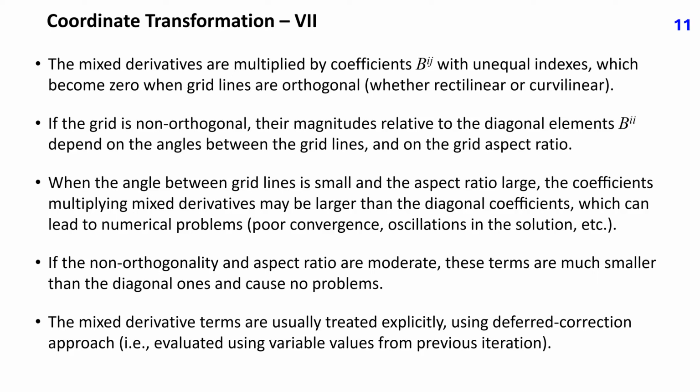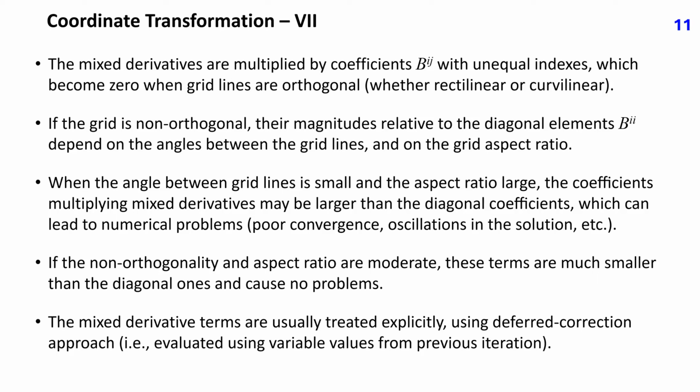The mixed derivatives are multiplied by coefficients Bij with unequal indexes. These become zero when grid lines are orthogonal, irrespective of whether grid lines are rectilinear or curvilinear. For example, these terms are zero in polar, cylindrical, and spherical coordinates, because at every node grid lines are orthogonal to each other.